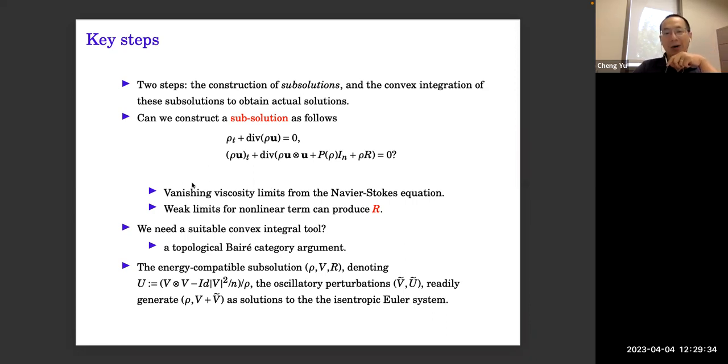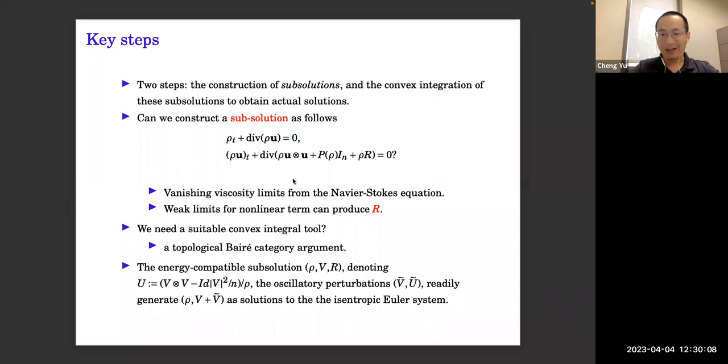To construct a subsolution, our idea is to take the vanishing viscosity limit from the Navier-Stokes equations. Since we know the weak limit does not commute with the nonlinear term, the product of nonlinear terms, we are not able to exchange the order of them.